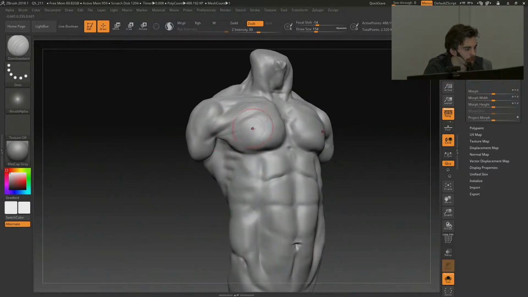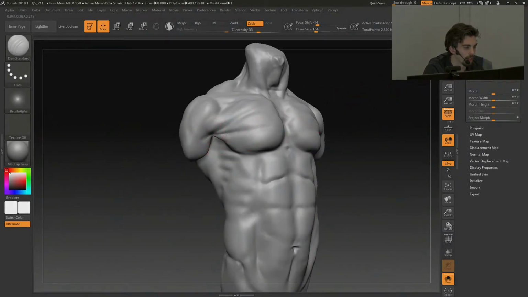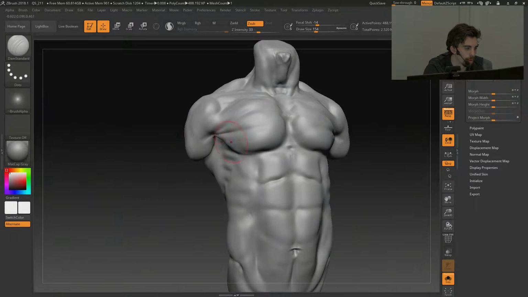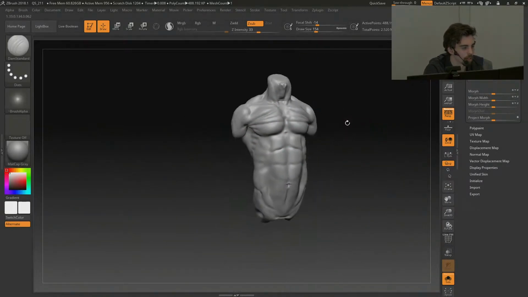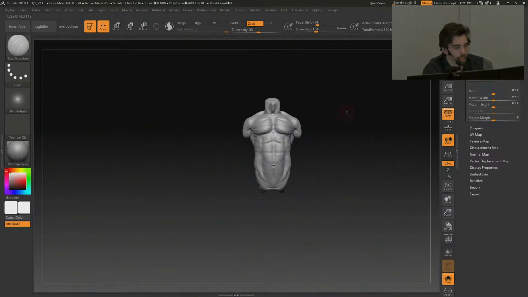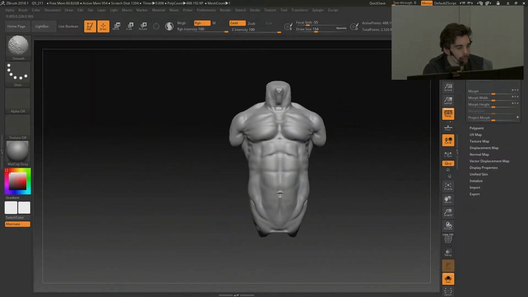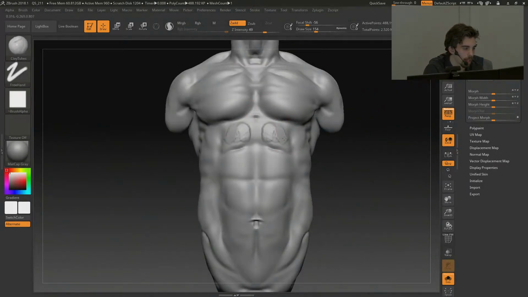I would say, even when you're dealing with super muscular people, this rule of not trusting any line that goes on for too long without being broken is a pretty useful rule to work with. So even though that muscle bundle is probably going to be doing something like that, right? So we'd be seeing that. You're not going to be able to get away with that. So as a rule, I would just lose that in the middle and allow it to be found at the edges, something like that.